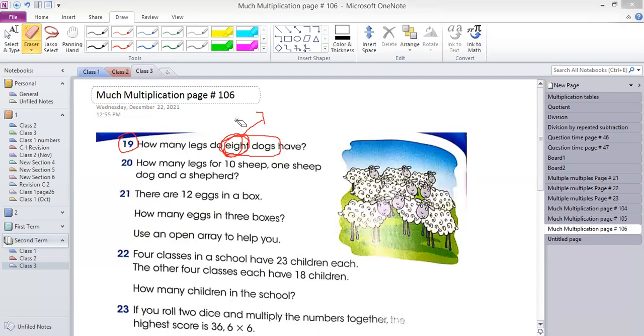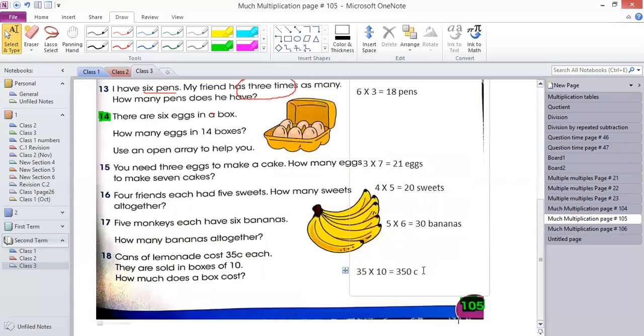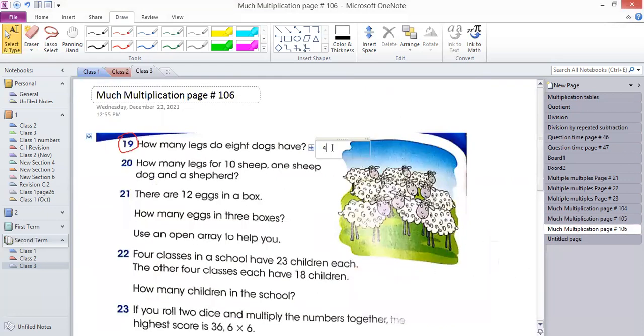So right here, 4 multiplied by 8 is equal to 32. There are 32 legs. This is the question number 19 answer.